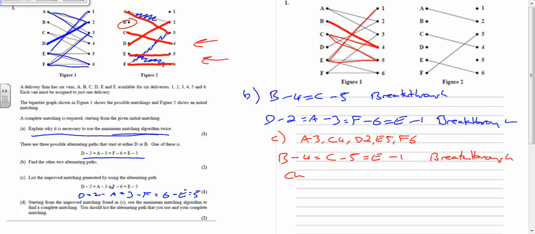We then say change status. So then that B equals 4, C equals 5, E equals 1. So what I've done now is I've got rid of 4 equaling C. I've got rid of 5 equaling E. And what instead I've done, I've gone B goes to 4 now.